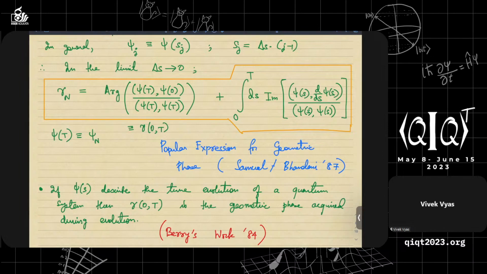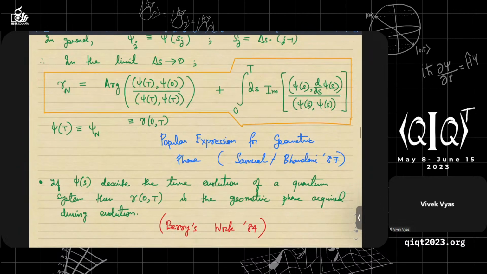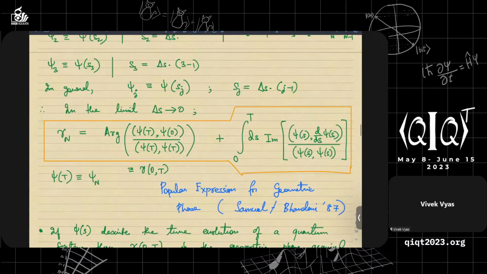This is the viewpoint that was propounded in a celebrated work by Sir Michael Berry in 1984. So that is how this modern subject of geometric phase came into limelight and got its due recognition from this work. Okay, so this is how the conventional, traditional, good old geometric phase is done.